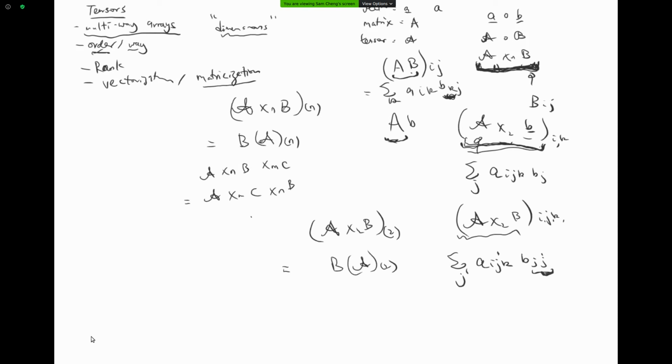because, say, let me use a three-way tensor example here. Let's say I have A times_1 B and then times_2 C, something like that.